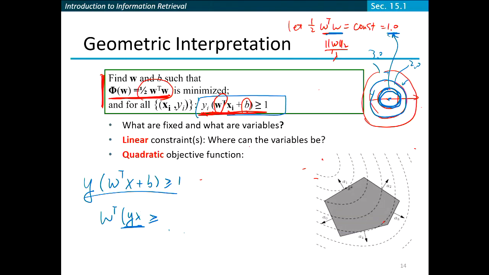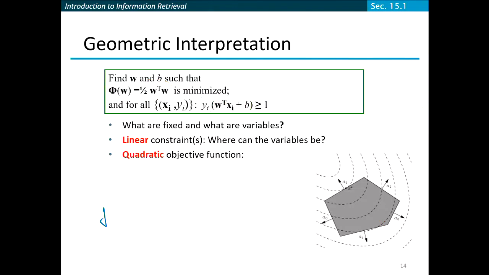Actually, this is not good. I should derive it this way. You can think about this as y times W transpose x plus 1 times b, and this x can be moved to here, greater than 1, right?